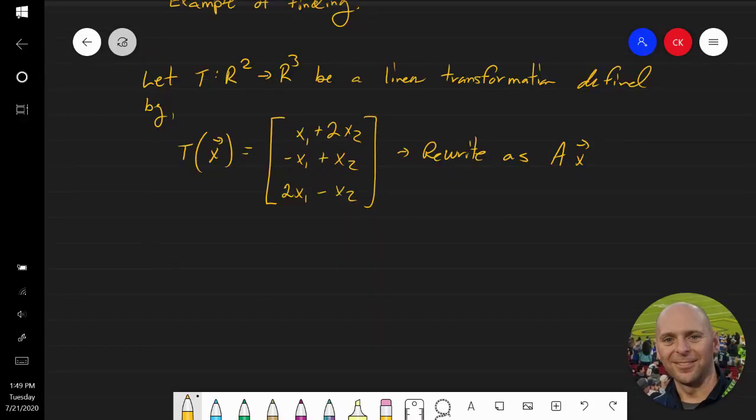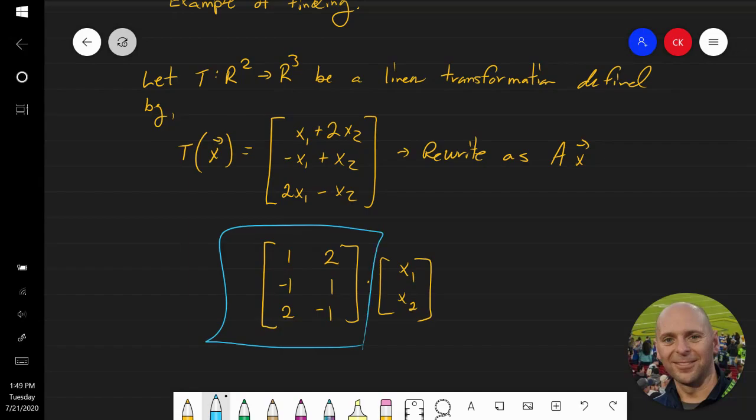We can do that by pulling out the variables and just keeping the coefficients and writing it out as 1, 2, minus 1, 1, 2, minus 1 times the vector x, again x being an element of R2. So what we're left with as a coefficient matrix here is, in fact, what's referred to as the matrix of transformation.